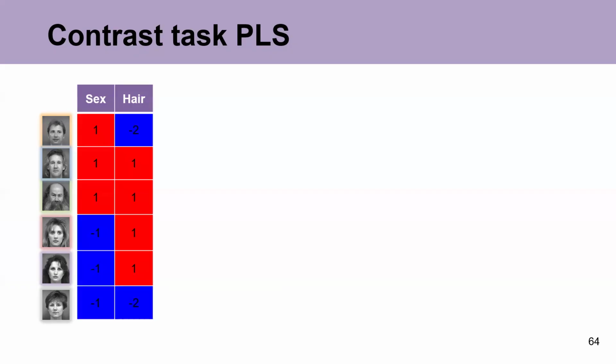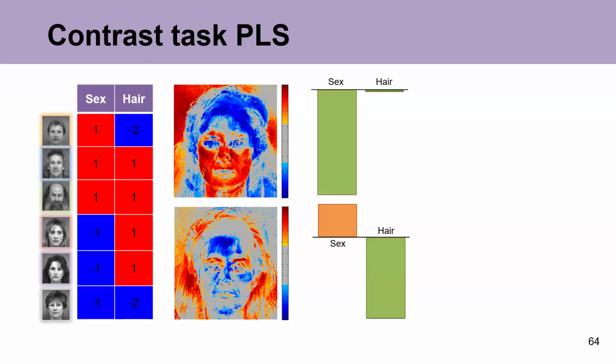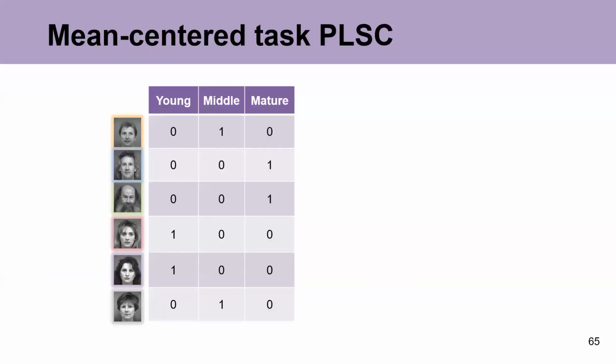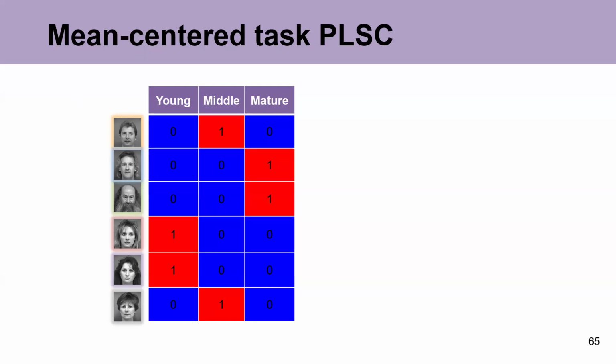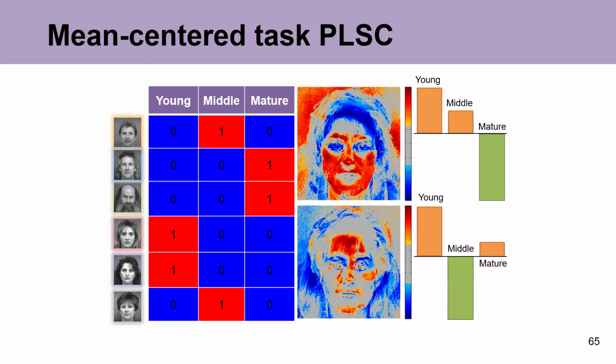Sometimes people would put contrasts in it so that when you do PLS, you're finding dimensions of contrasts. You could also have group coding in a different table. So you're doing what's called a mean-centered task PLS, because it was first used on task data. And then you can look at specific activation that's related to different groups.